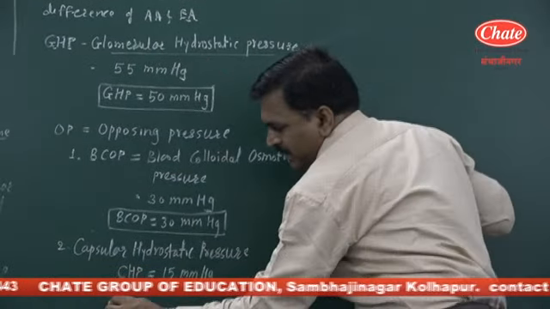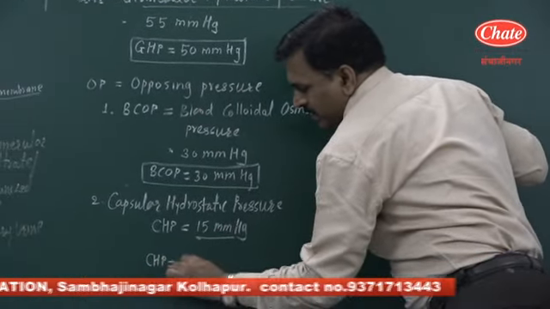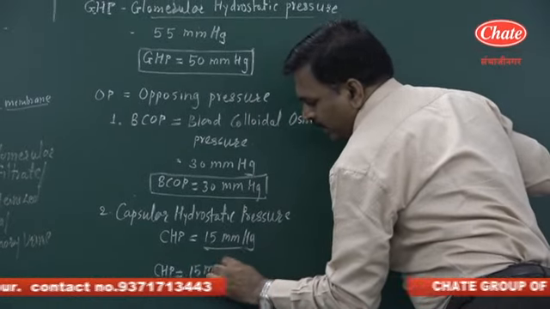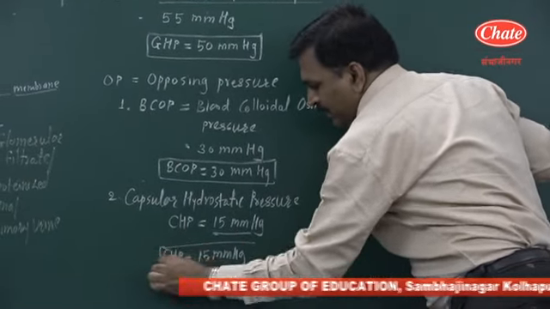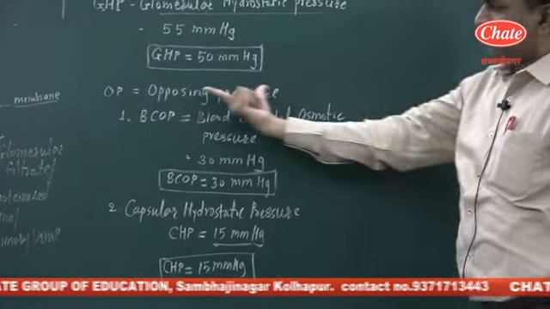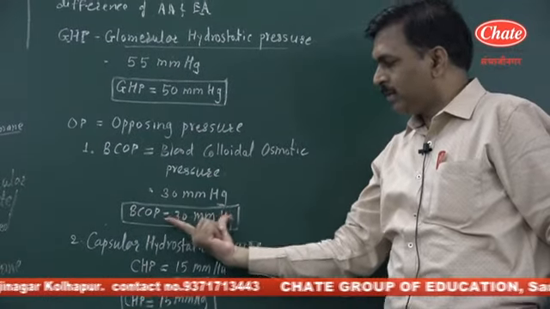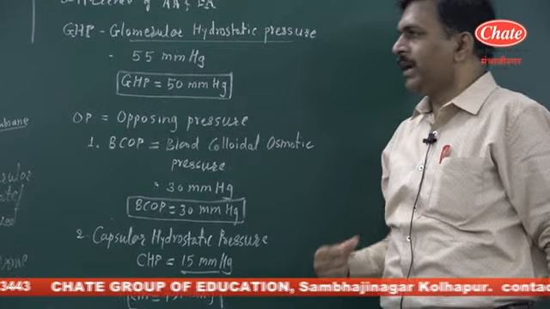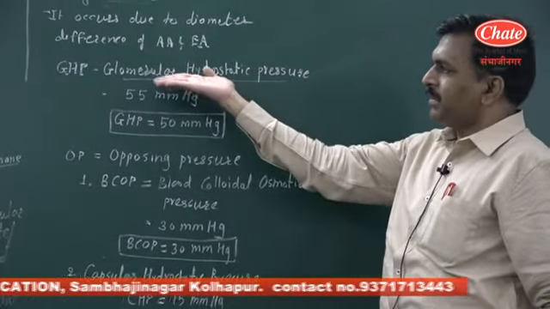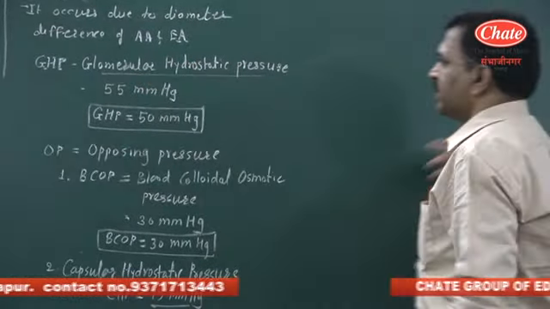So CHP is equal to 15 mmHg. So the opposing pressure is made up of blood colloidal osmotic pressure and capsular hydrostatic pressure, while the pressure exerted for filtration is glomerular hydrostatic pressure.